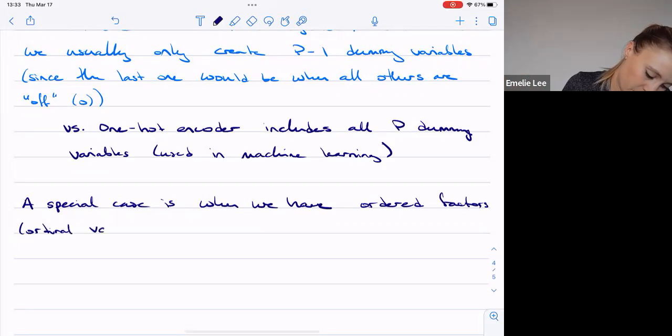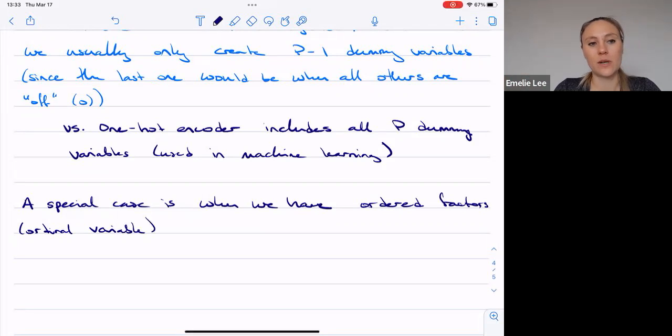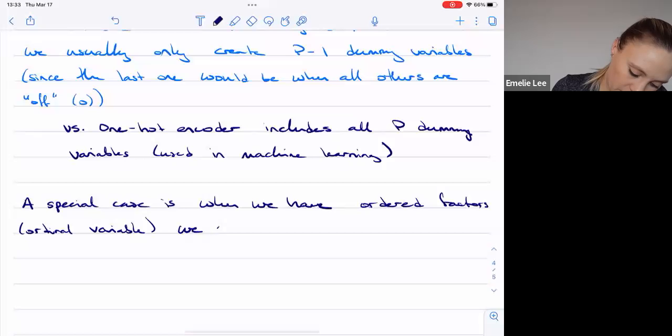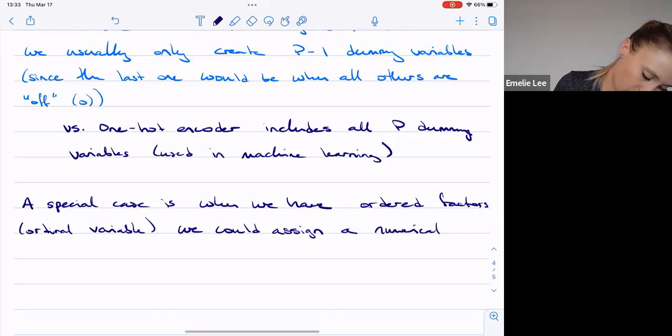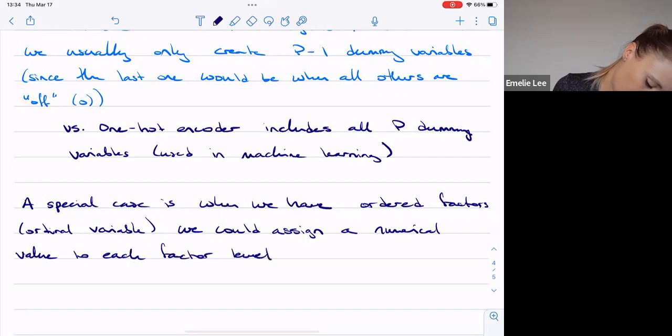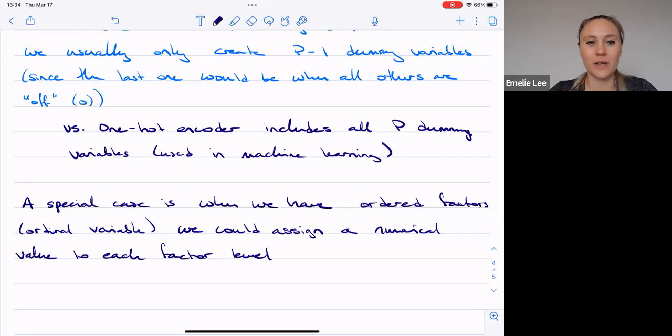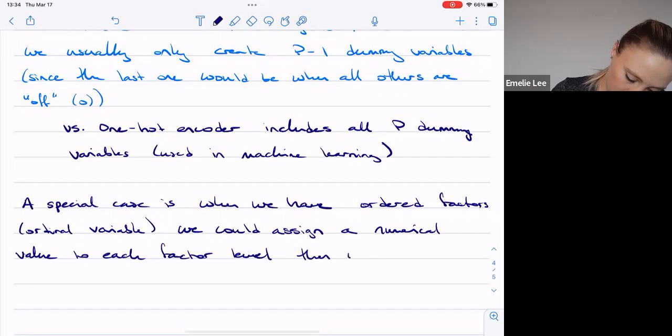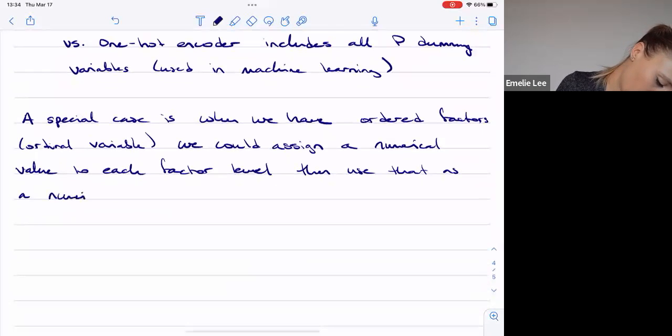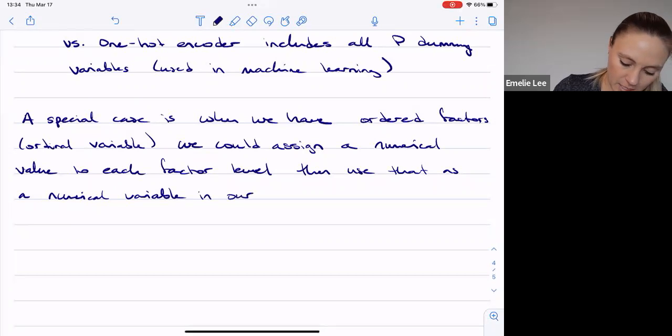So when we have ordered factors, we could assign each category a numerical value, then use that as a numerical variable in our model.